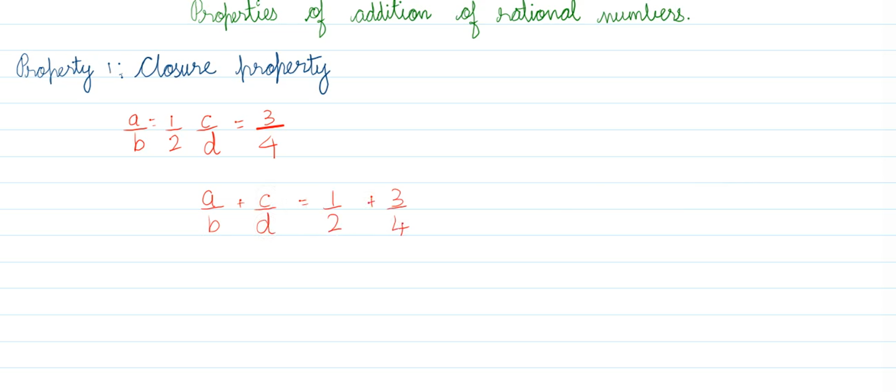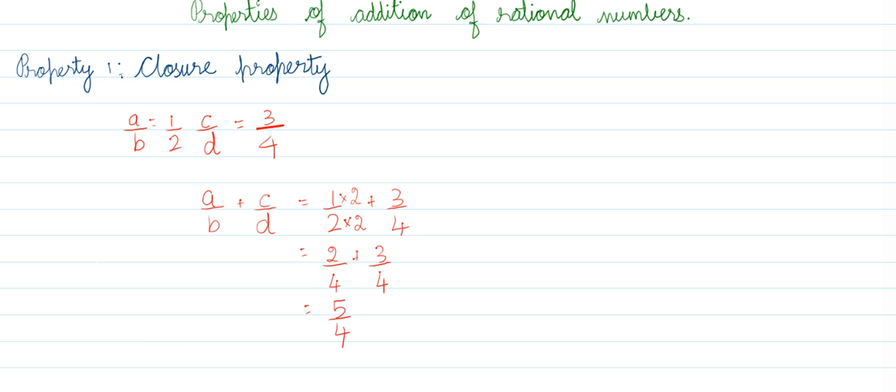So the denominators are different, so you will have to take the LCM. The LCM of 2 and 4 is nothing but 4. So we are multiplying this 2 and 1 by 2, so we get 2 by 4 plus 3 by 4. So our answer is 5 by 4.